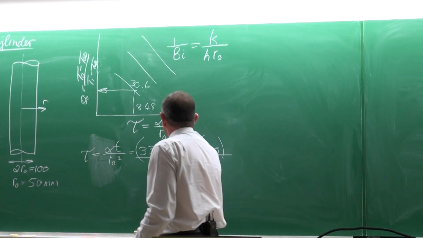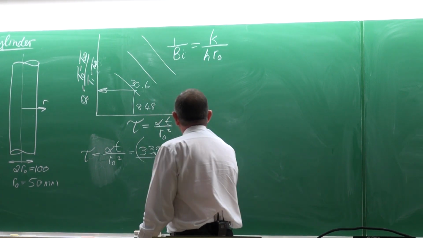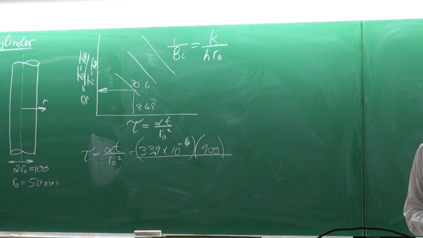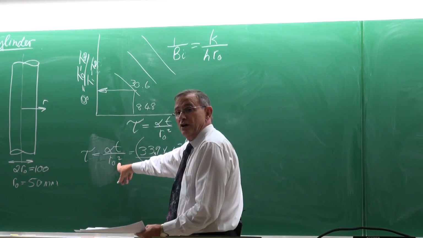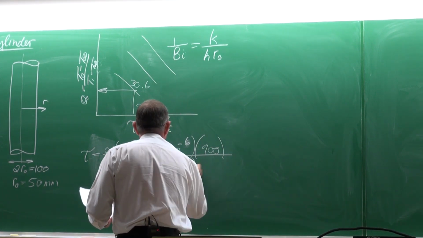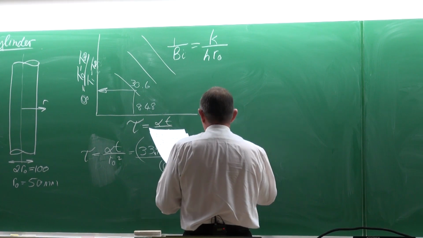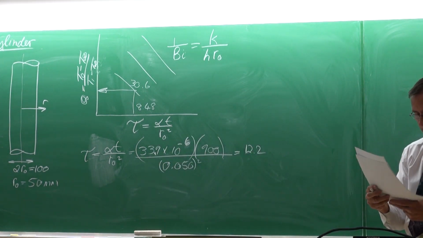Yes, 33.9 multiplied by 10 to the minus 6. Thank you. Okay, multiplied by 900 seconds. Now we have to divide it by the radius squared. 0.05 squared, and the result is a non-dimensionalized time of 12.2.